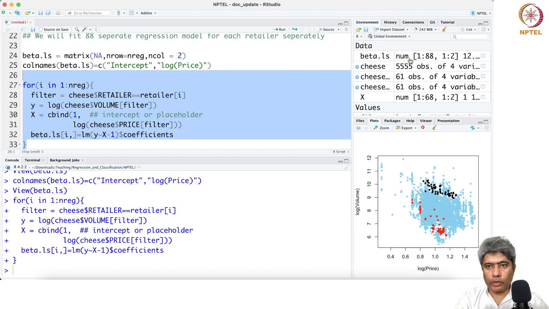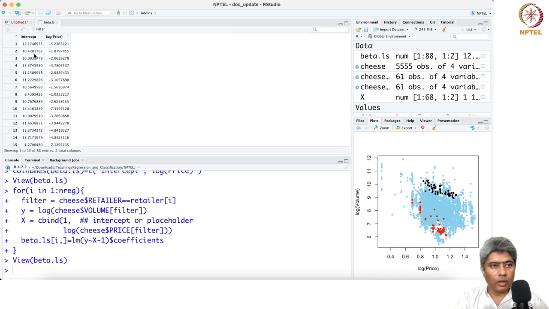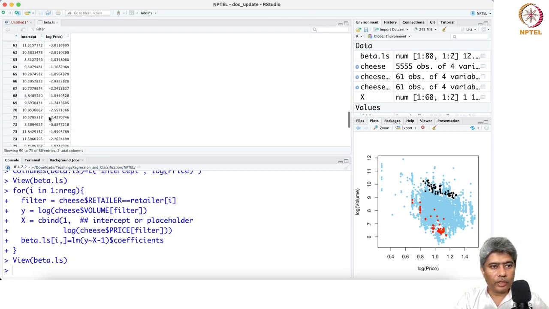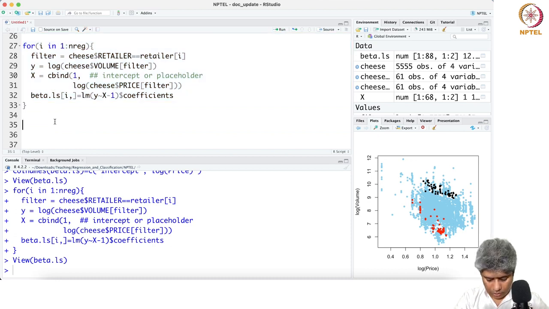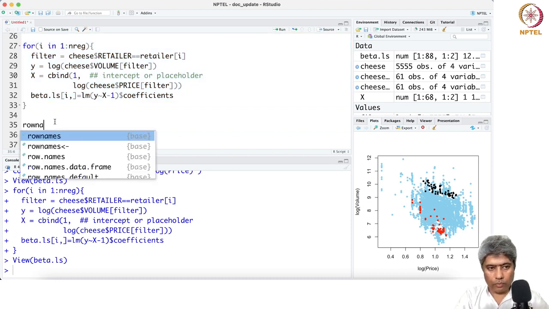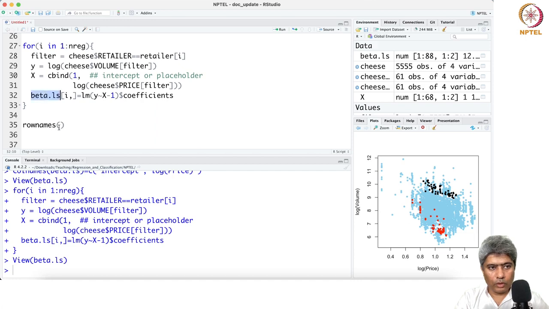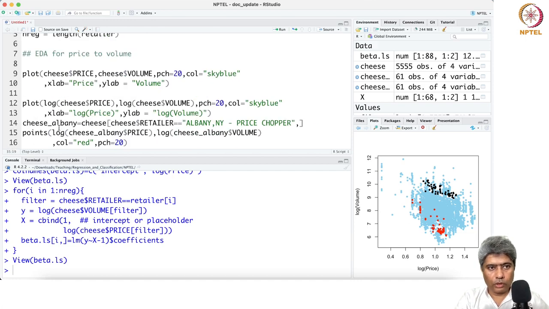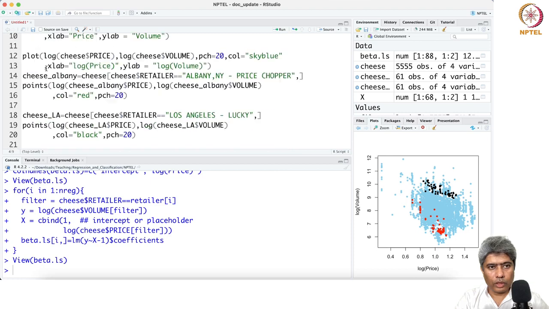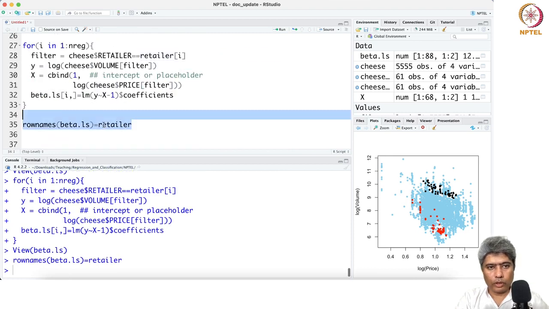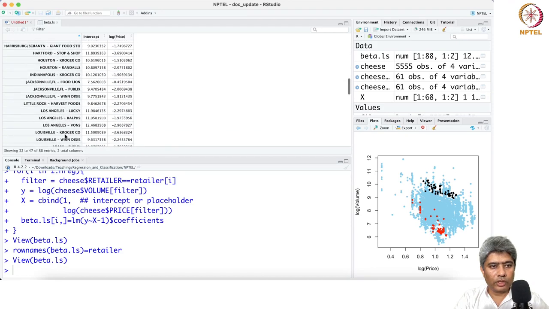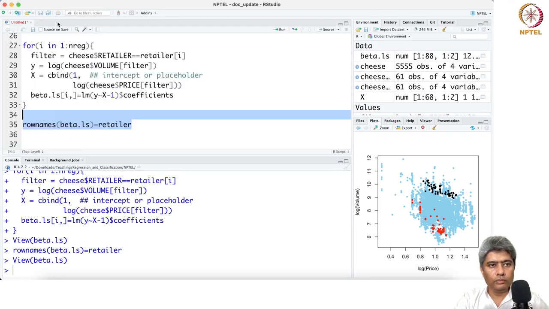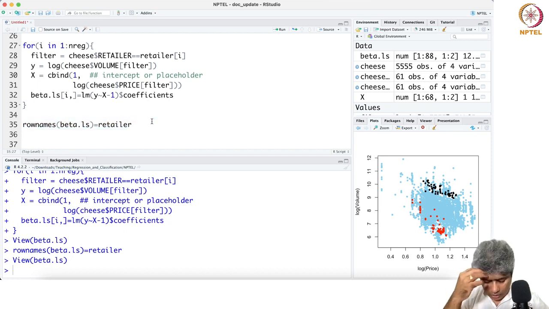Now if you just say beta.ls, these are the coefficient values of the intercept and the coefficient of log price. Row names of beta.ls equal to retailer, so these are the retailer names.